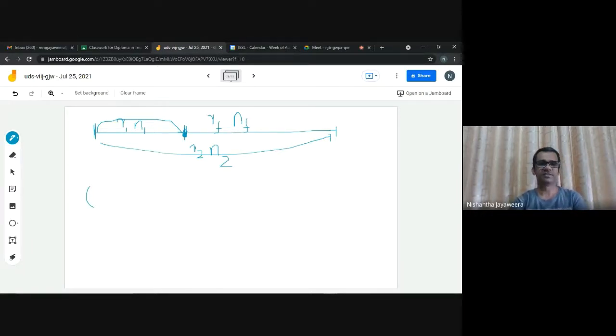If I put numbers, if you invest 1 rupee at 5% for 182 days, what do you get at the end of 182 days?